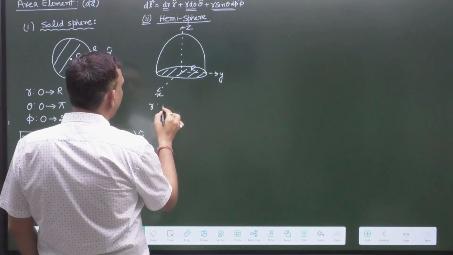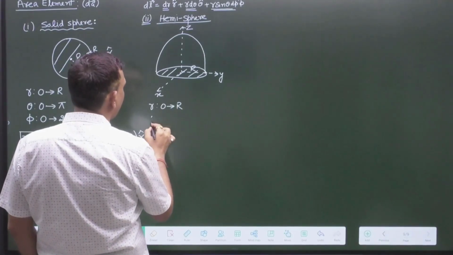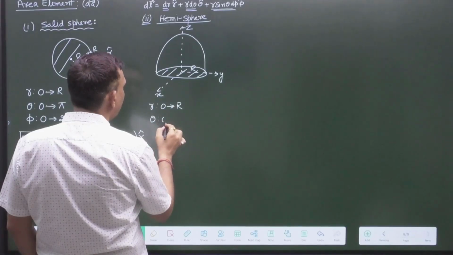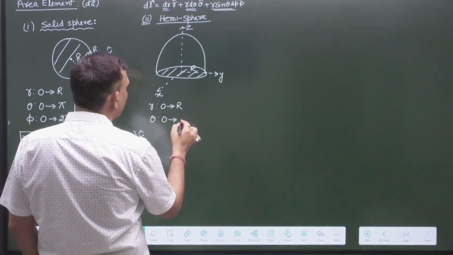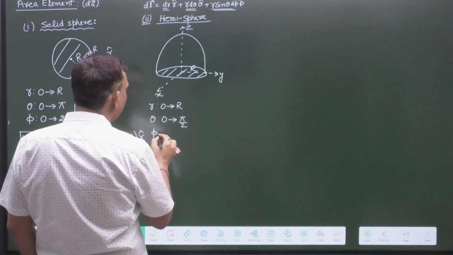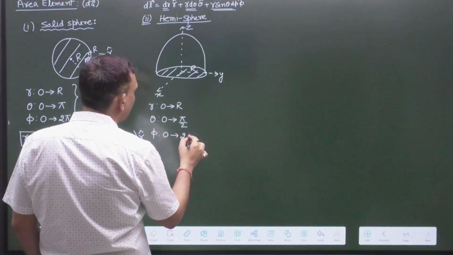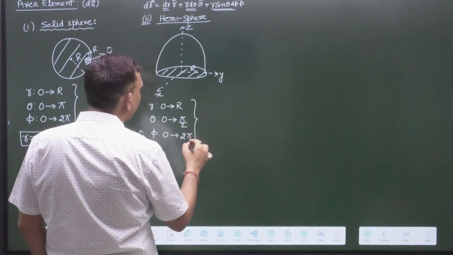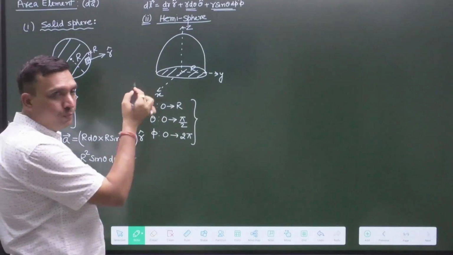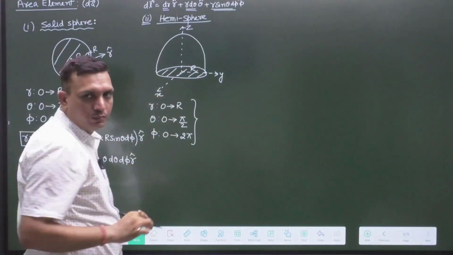So r can vary from 0 to R. Theta will vary from 0 to pi by 2, and phi will vary from 0 to 2 pi, but theta varies from 0 to pi by 2 up to the xy plane.